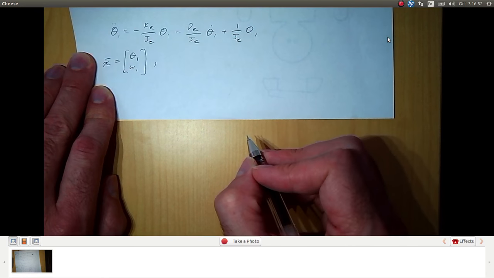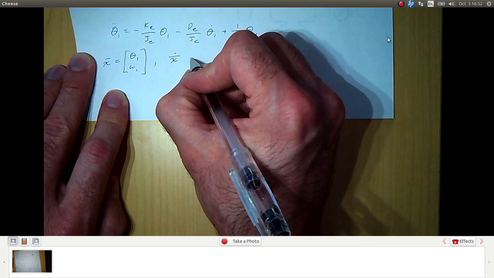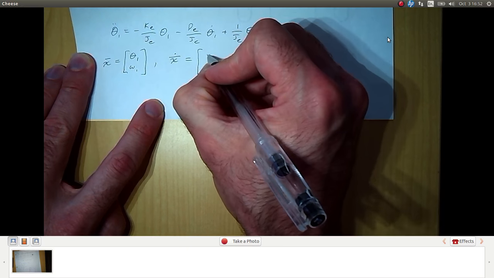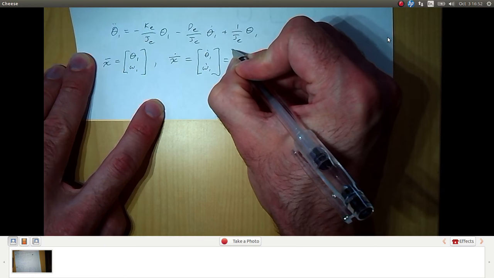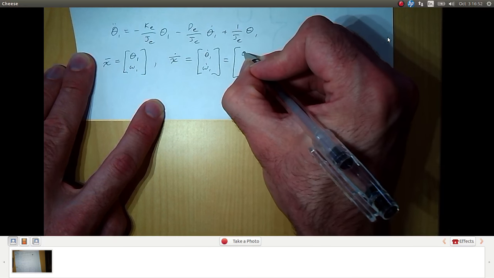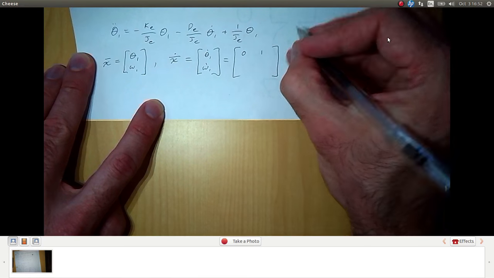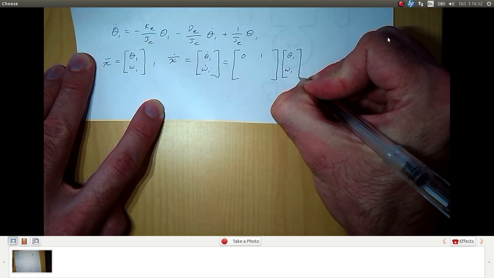Now our state equation: we have the time derivative of the state vector equal to theta 1 dot and omega 1 dot, and theta 1 dot is equal to omega 1.